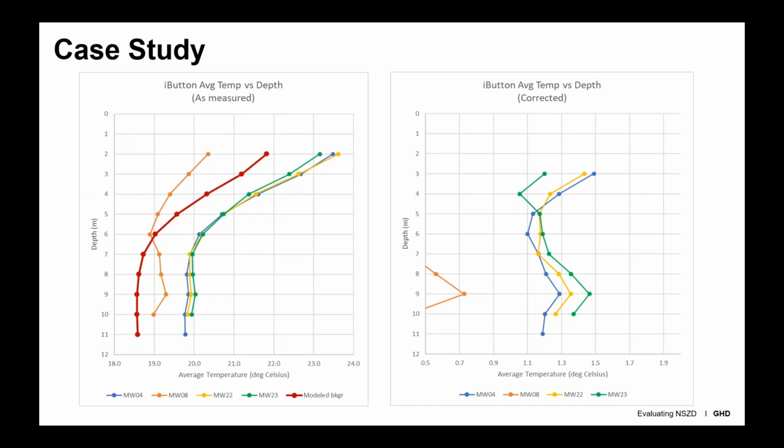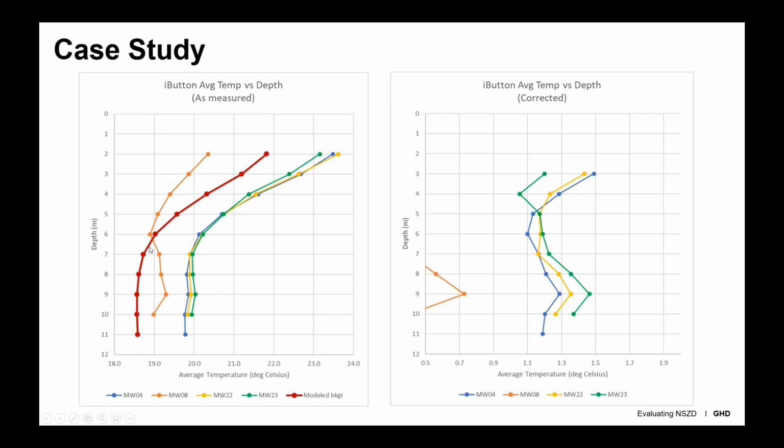Again, we're looking at the depth from the surface at the top going down. Typically, for the top 2 meters of data, a lot of times we just don't collect the data there, or we disregard it if someone does collect it, because of surface temperature effects. And then on the right, you can see the corrected temperature profiles once we subtract out that background.